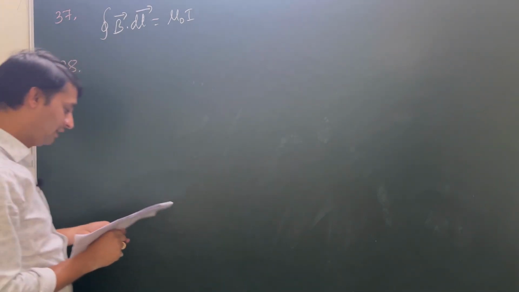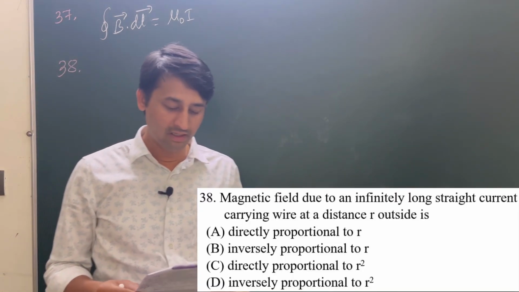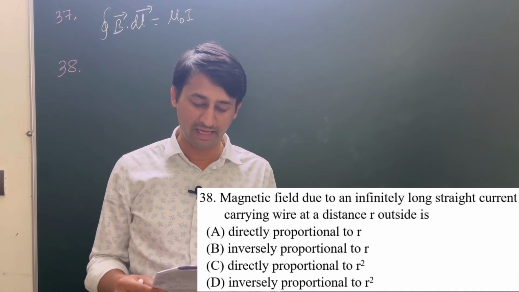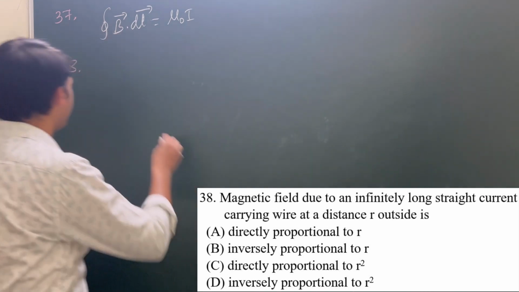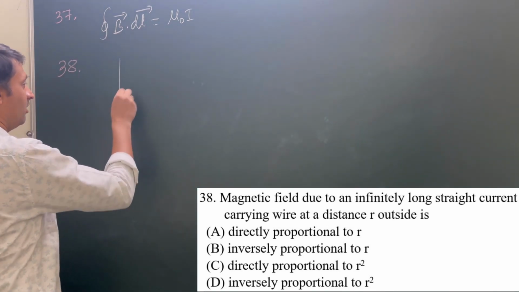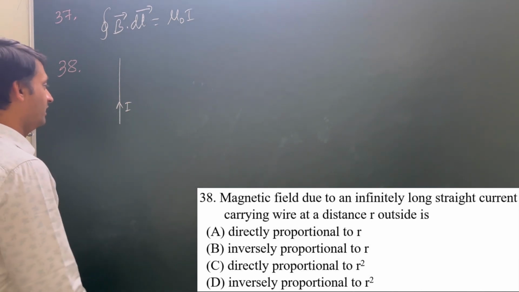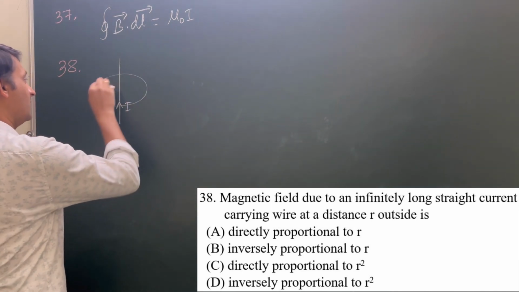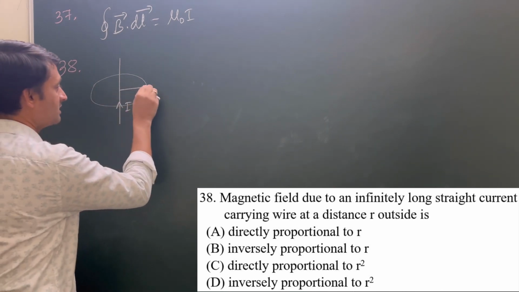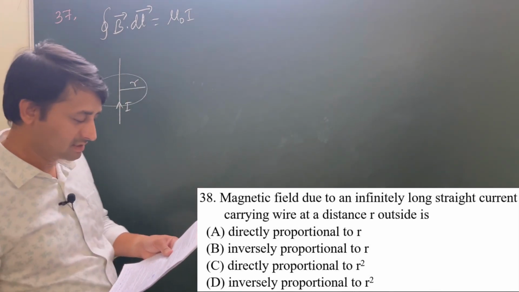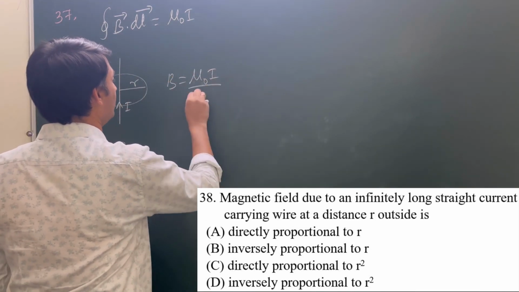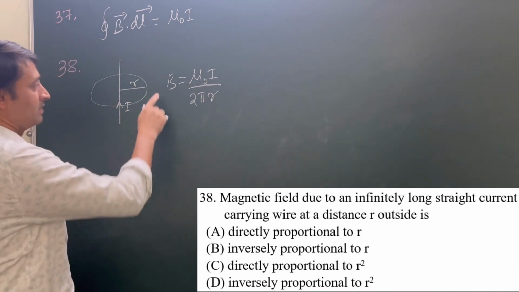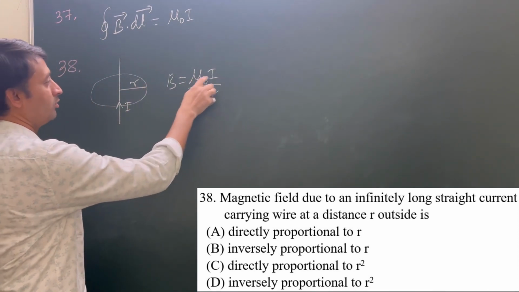Next, question number 38. Magnetic field due to an infinitely long straight current carrying wire at a distance r outside is given by. Now if I take an infinitely long conductor which is carrying the current I here, the magnetic field around this conductor at a distance r is given by B is equal to mu naught I divided by 2 pi r.